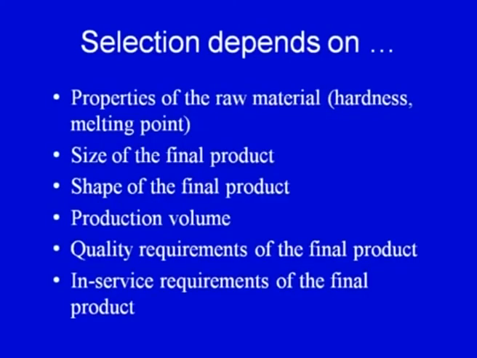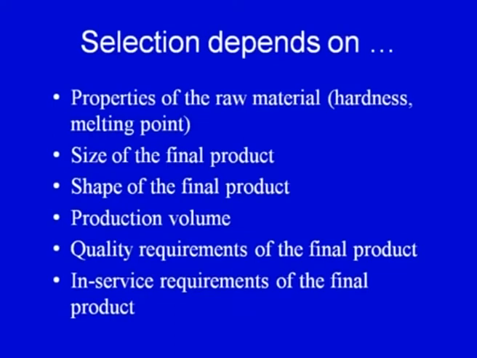But if the production volume we have to achieve is very high, then we advocate the use of continuous processes, or sometimes deformative processes can also be used, because most of the deformative processes can be fully automated. So production volume is another criterion which has to be taken into account while selecting a manufacturing process or a processing technique for making specific products.